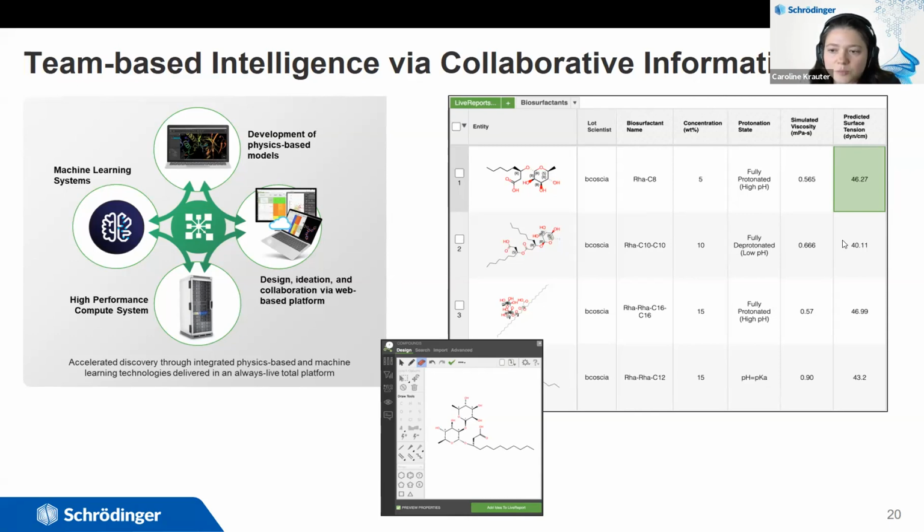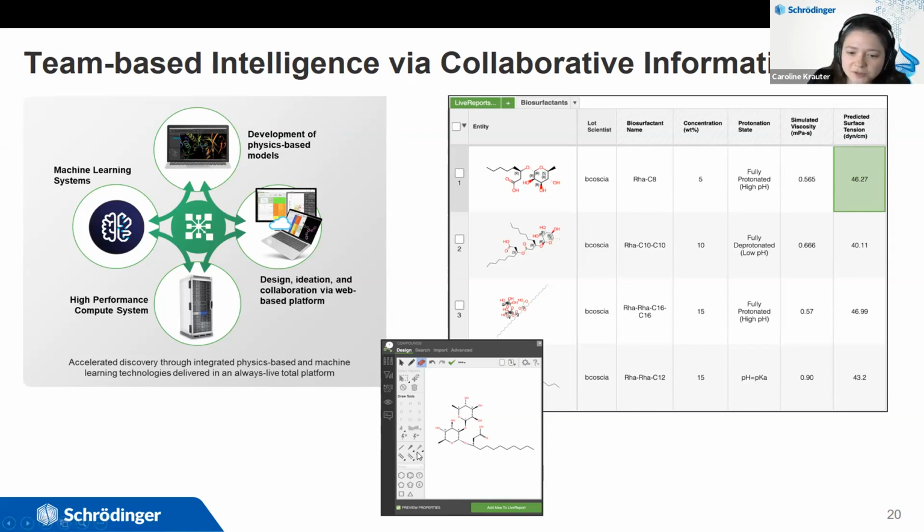What we have in this case is the data set that's been uploaded by Ben. We're showing the structures, names, etc., different properties. And then we could have different preset simulation workflows or upload the data. And so we have, for example, simulated viscosity, predicted surface tension. This would be a machine learned model that has been uploaded here.